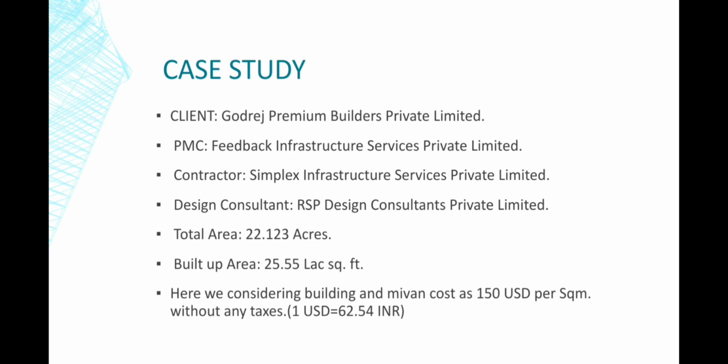The total area is 22.123 acres and the built up area is 25.55 lakh square feet. Here we consider the building and Maivan cost as 150 USD per square meter without any taxes, where 1 USD is equal to 62.54 INR.